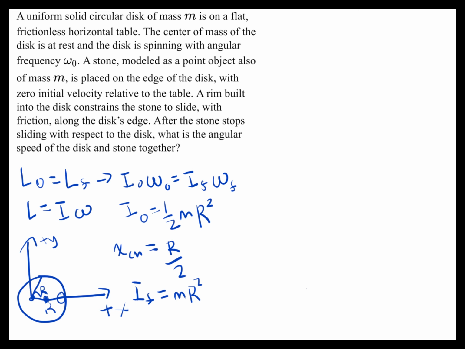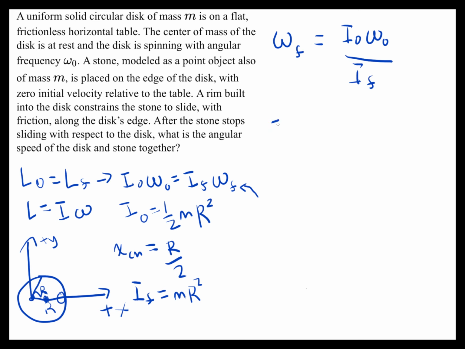Now the question is asking for the angular velocity of the stone and disk together, so the final angular velocity after this interaction. We can rearrange the equation so that the final angular velocity equals the initial moment of inertia times the initial angular velocity divided by the final moment of inertia.